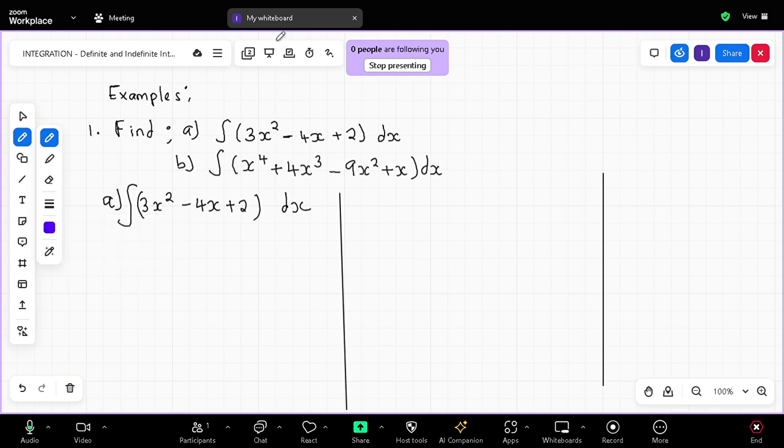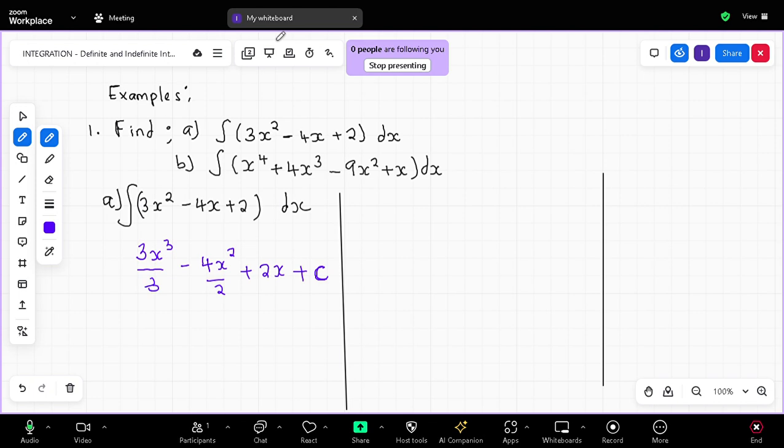Now integrate 3x squared, that becomes 3x cubed. The power increases by 1, then you divide by the new power. Minus 4x squared, the power increases by 1, then divide by the new power, which is 2. Plus 2x. We don't have an x there. Then plus a constant term c. The one that we add a constant term c to is called an indefinite integral.